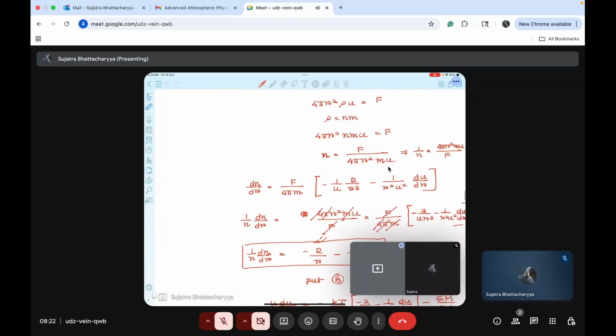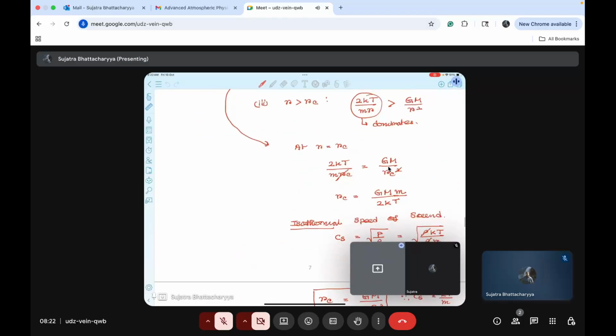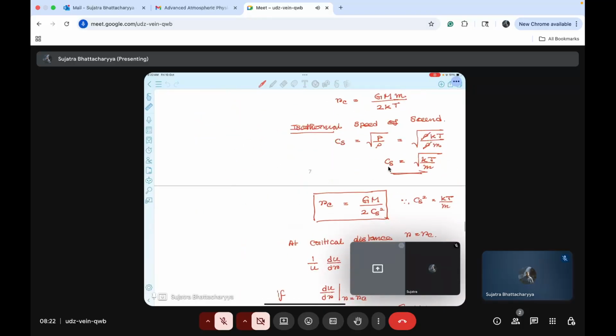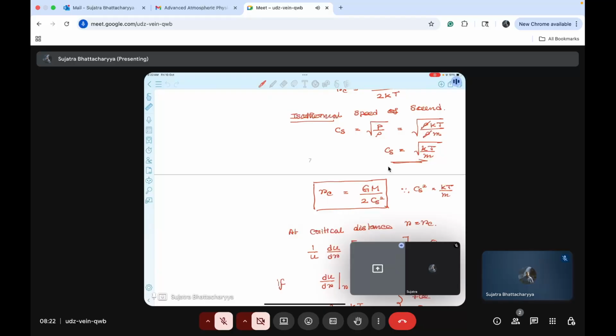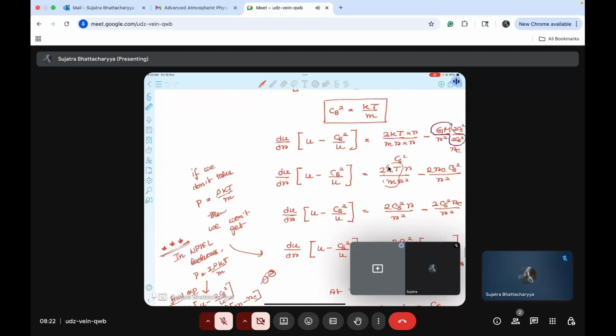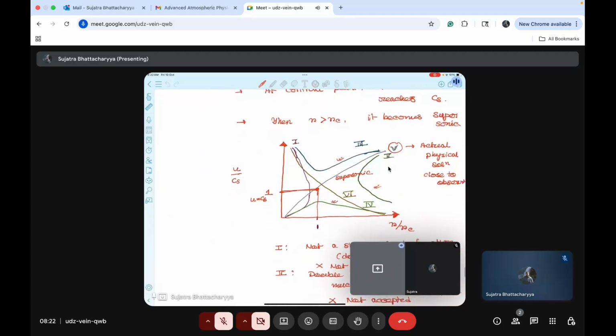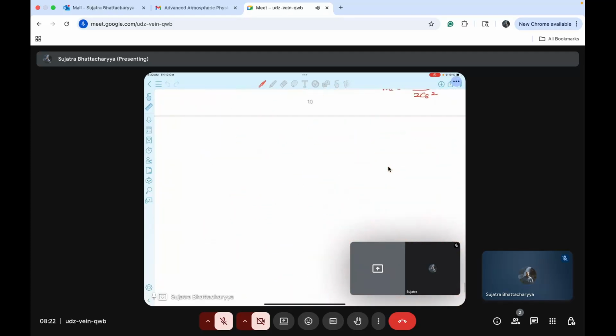So based on n kB T, we have tried. We have found out the critical distance formula, and we have introduced the isothermal speed of sound into that, and we have discussed the cases and the final expressions. We have discussed this plot, and that's all.